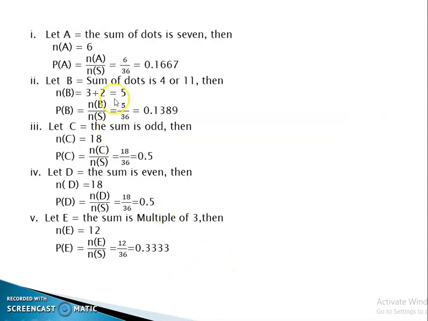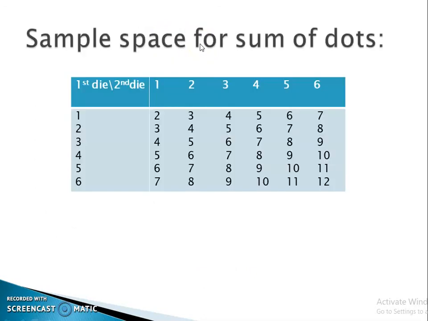In the first part, let A denote the event that the sum of dots is 7. Looking at the table, we see that the outcome 7 appears 6 times.